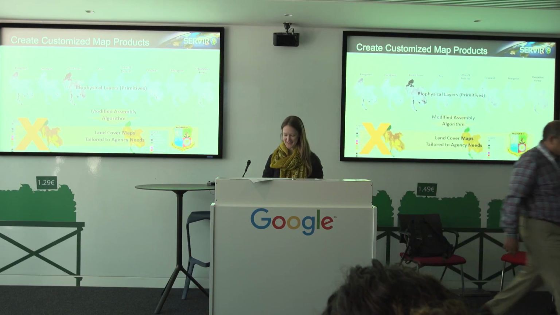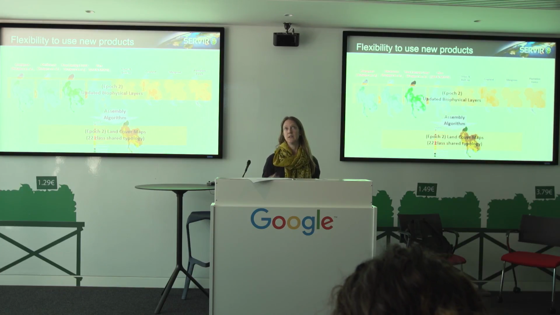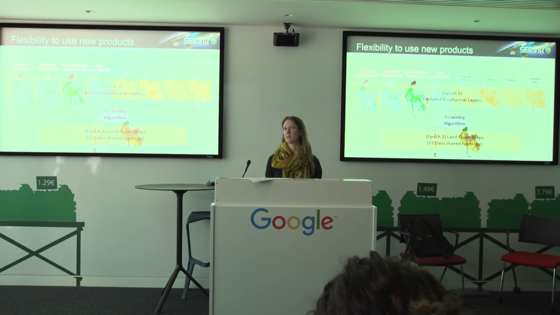No, that's good. And then the other benefit is once you have updated primitive layers, you have a system where you can just trickle this through if you want to replace. So right now, as part of the AST grants, Peter Potapov is updating his tree canopy cover layers and his forest loss layers in the Pantropics.